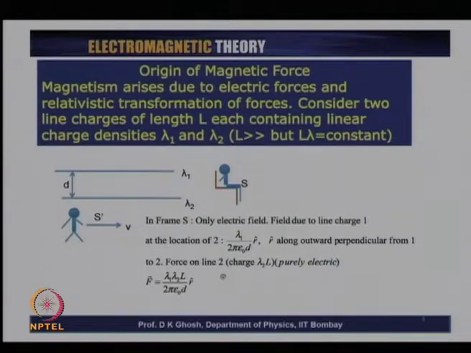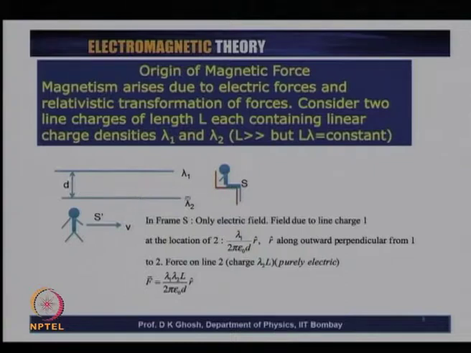Now, as a result, if I now take a length L of the second wire, which also has a charge lambda 2 times L, because lambda 2 is the charge density of the second wire.